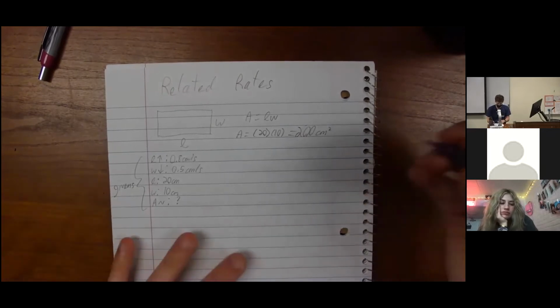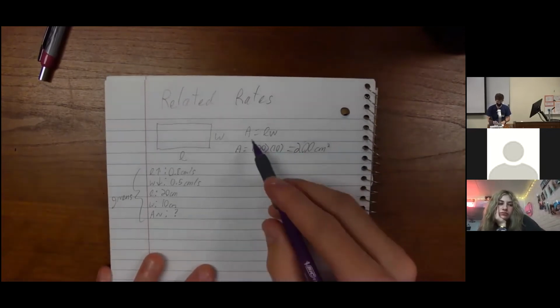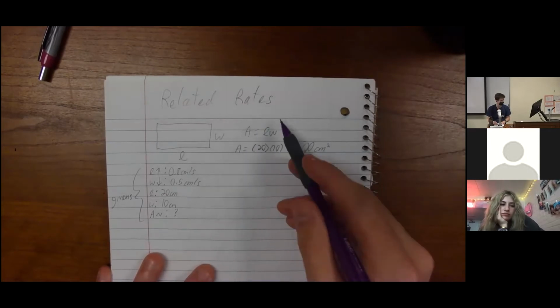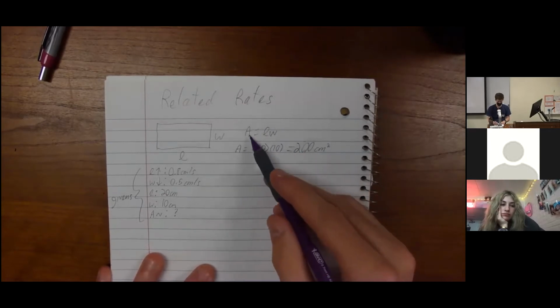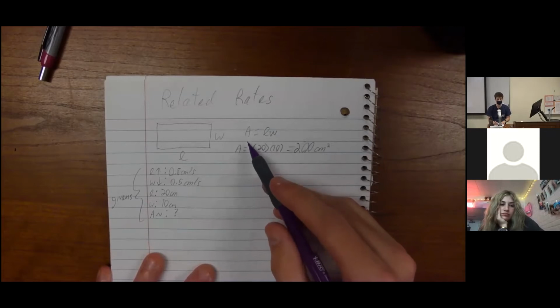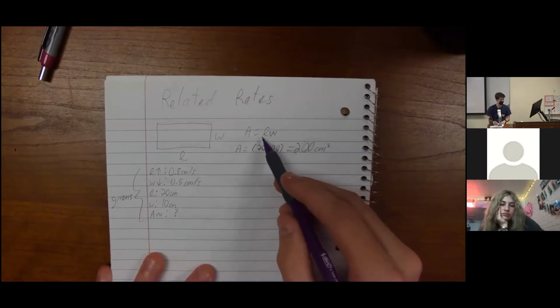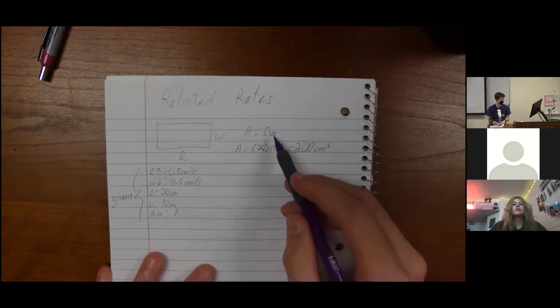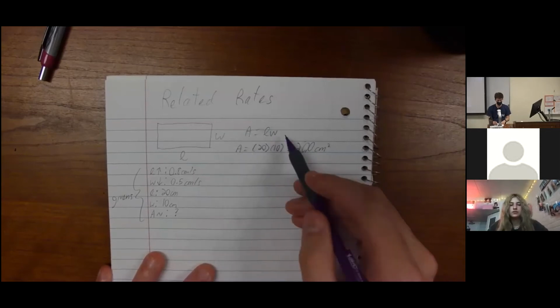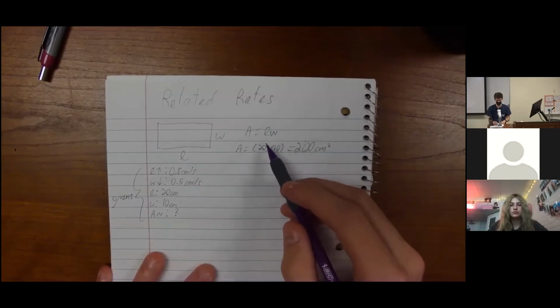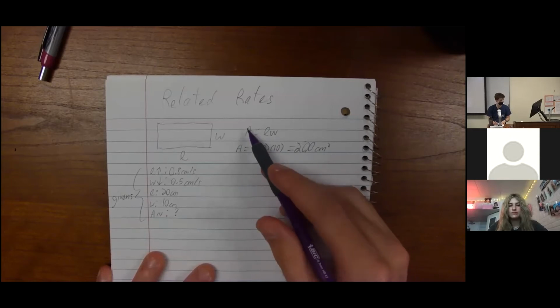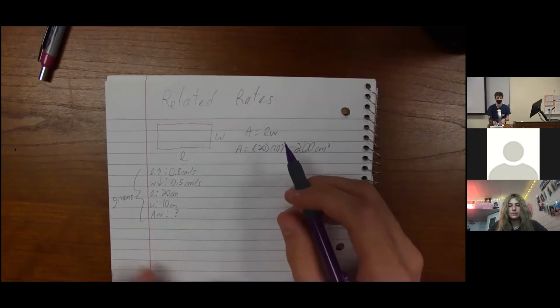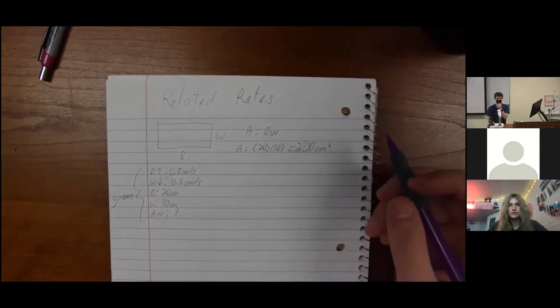So how we're going to do it is, basically the main idea I'm trying to get at is you want to take the derivative of this function as if this is your output, and these are your two inputs. And then when you take the derivative of it, you can tell how this is changing, because you're taking the derivative with respect to time.